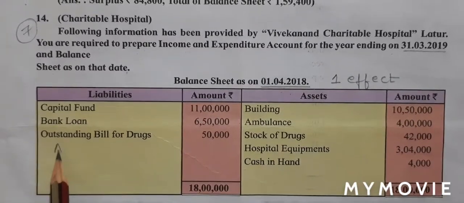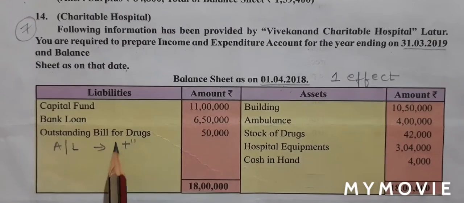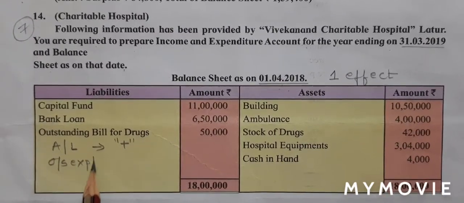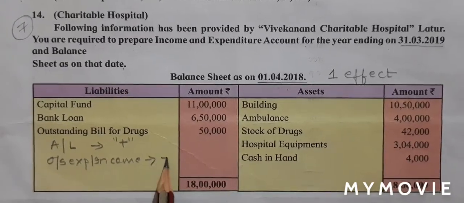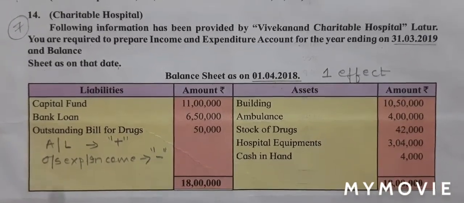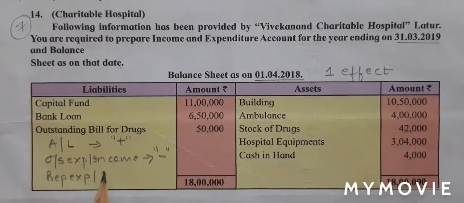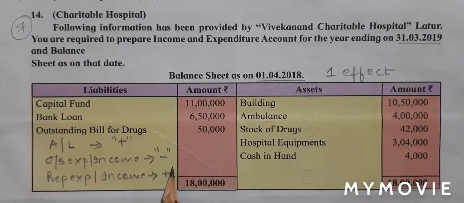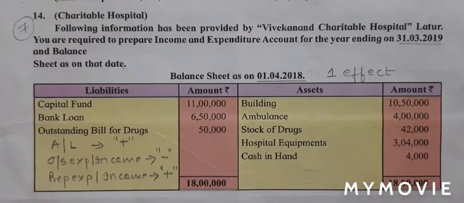Any kind of assets or liabilities, we will always add it. Outstanding expenses or income, we will always subtract. Prepaid expenses or income, we will always add. So these are the 4 important points that we need to recall.